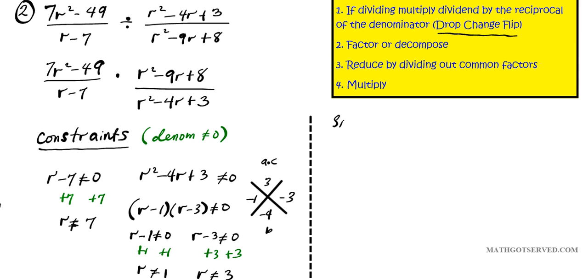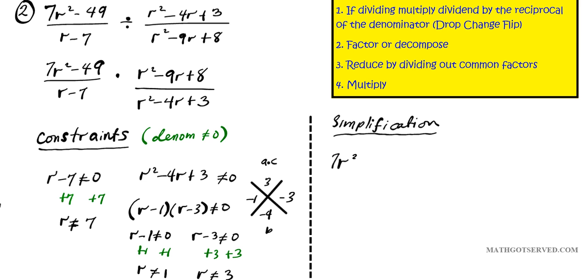Okay, now let's advance to the second part of the problem, which is the simplification piece. So let's refer back to our steps here. When you're dividing, of course, you multiply the dividend by the reciprocal of the divisor. So you drop, change, flip. We have already executed that step here. So we can copy it.